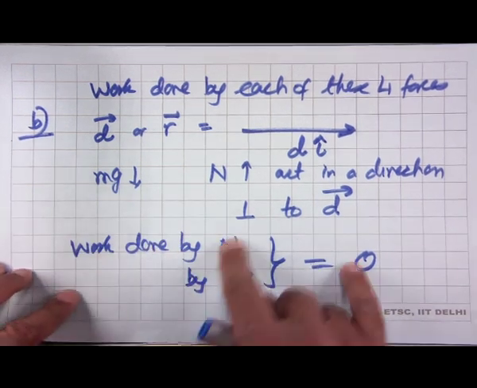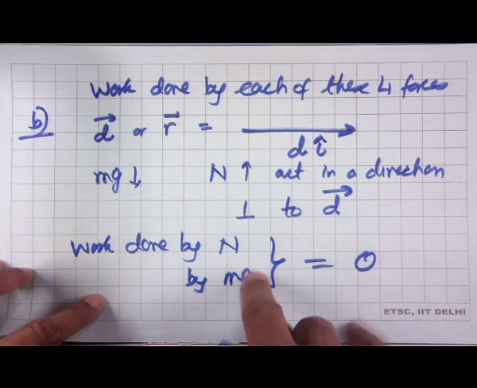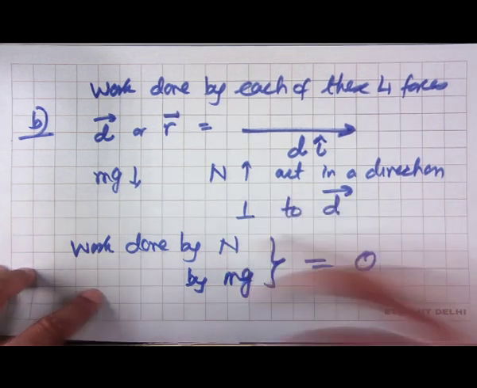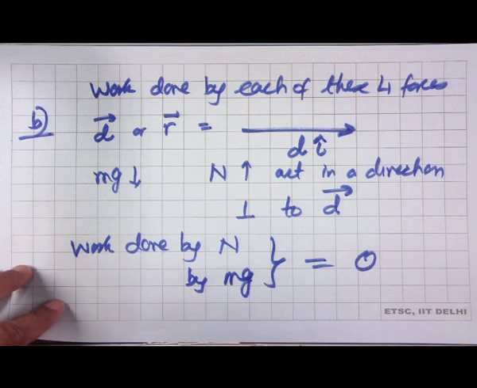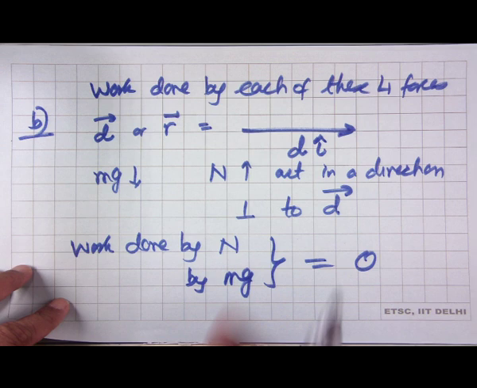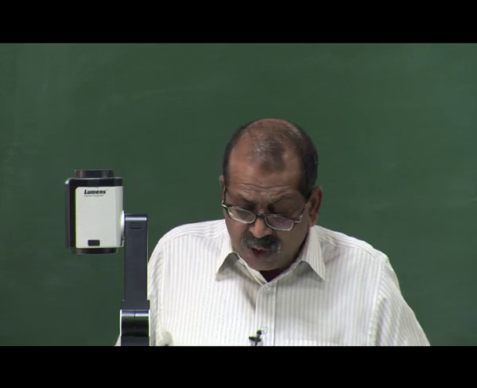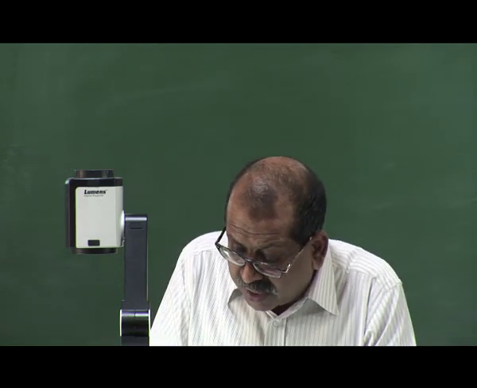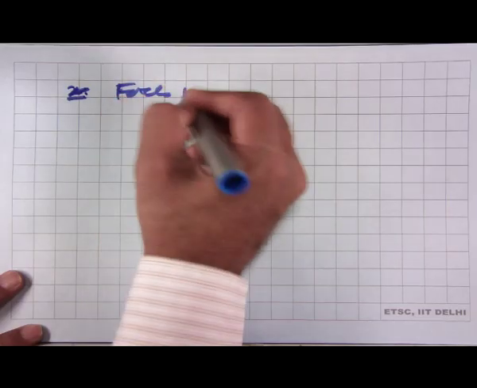Of course, we also know N is equal to mg, and they cancel out. So, if you add these 2, the work done would have been 0 even if the particle was moving vertically, but here individually also the work done is 0. Now, we look at the other 2 forces in the x direction.